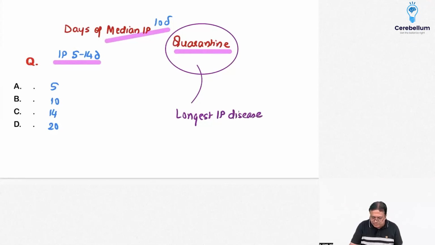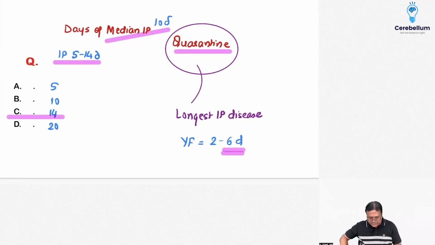Like, if you remember, we must have discussed yellow fever, 2 to 6 days is the incubation period, friends. So the quarantine period is the maximum incubation period. So in case 5 to 14 was given as the incubation period range, then your answer will become 14 days.